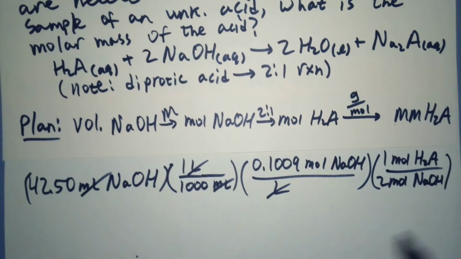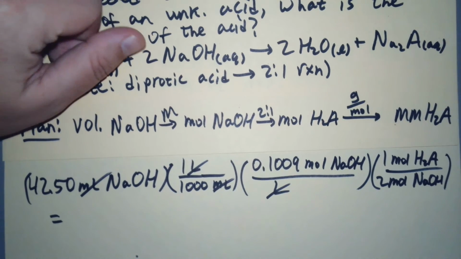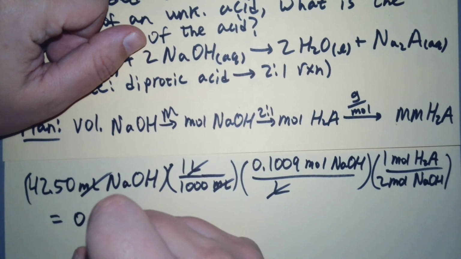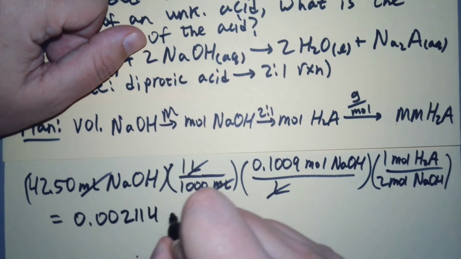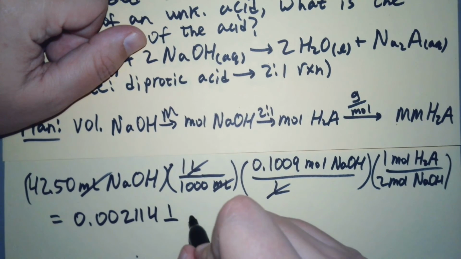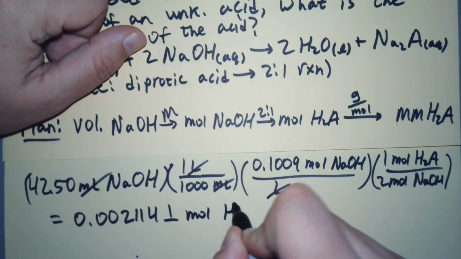Okay. And then I just solve to my heart's content. And I get 0.002114. I'm going to keep an extra working number around, an extra 1 moles of H2A.